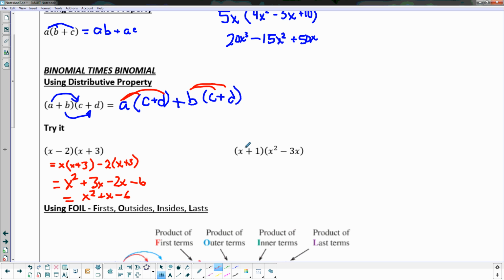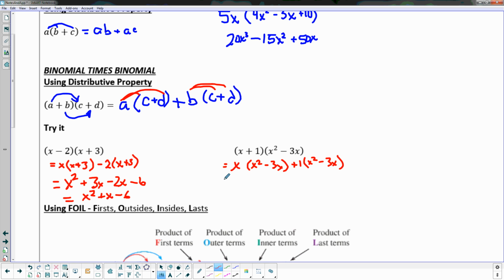Okay, and then I want to use that same idea on this one. I'm going to take my x and multiply it by the x squared minus 3x. And then I'm going to take my positive 1 and multiply that by x squared minus 3x. Okay?